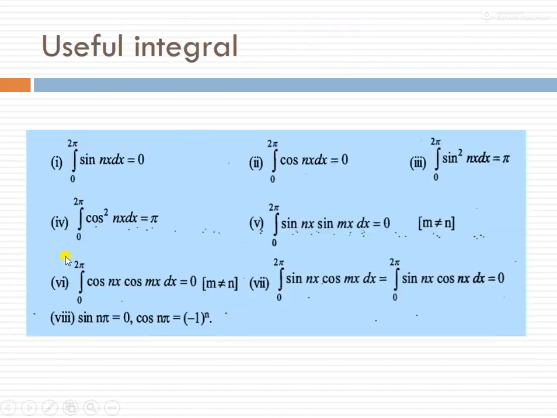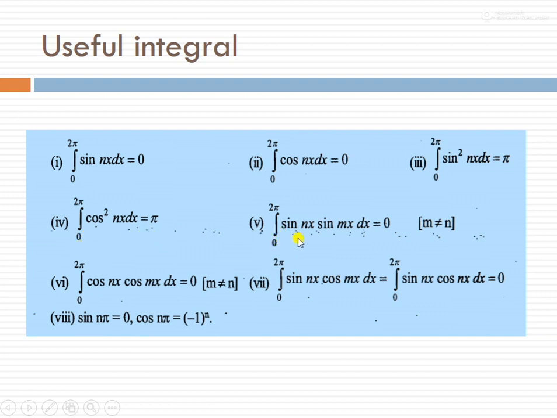And these are the useful integrals for solving problems. Integral 0 to 2 pi sin nx dx equals 0. Integral 0 to 2 pi cos nx dx equals 0. Integral 0 to 2 pi sin squared nx dx equals pi. In the case of cos squared nx dx, it equals pi.